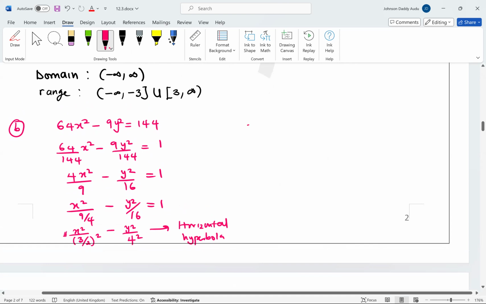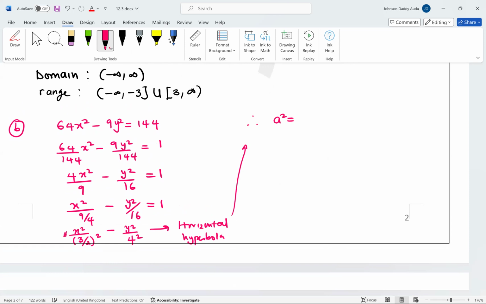It simply means that we can take a squared as (3 over 2) squared, and this implies that a is 3 over 2. If a is 3 over 2, then b squared is 4 squared, and this means that b is equal to 4.